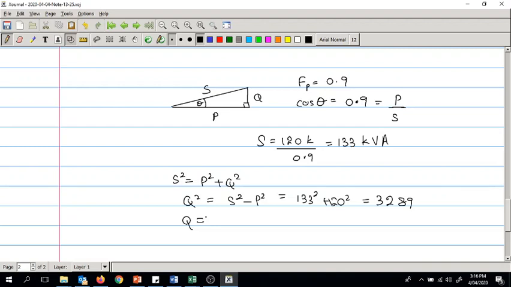The square root of that is 57.35 VAR. This is inductive, right? Inductive.